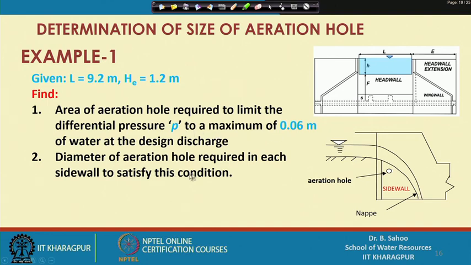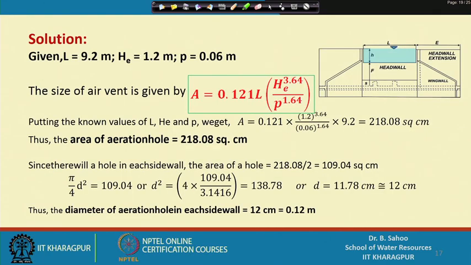Then the diameter of aeration hole required in each side wall to satisfy the condition. For this, these are the given values: L equal to 9.2, h_e equal to 1.2, p equal to 0.06. So, the size of the air vent is given by A equal to 0.121 L into h_e to the power 3.64 divided by p to the power 1.64.